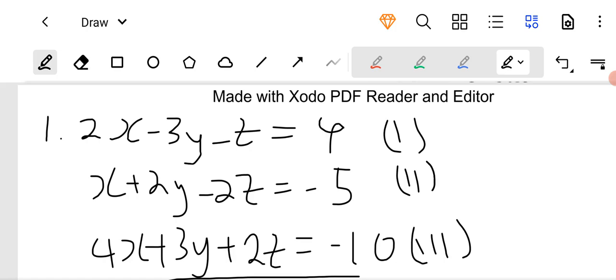So to continue, which letter is most suitable to make subject of the formula? I'll make x the subject in equation 2.